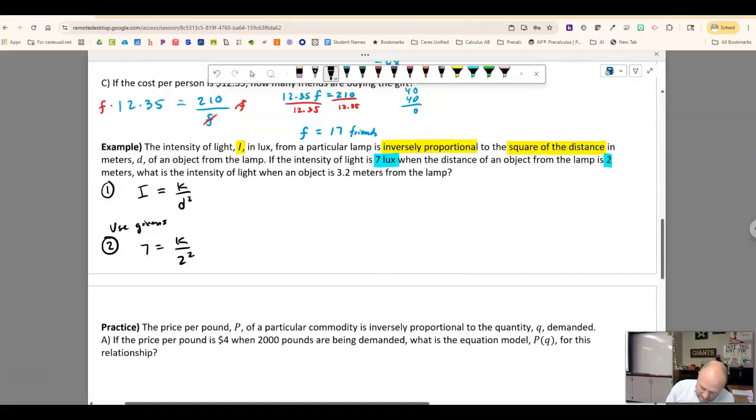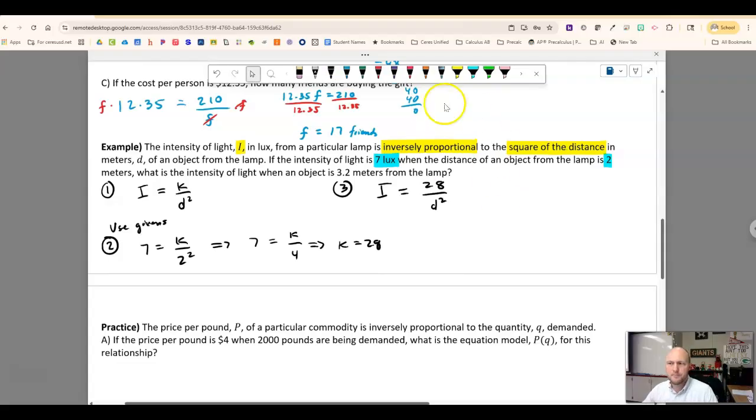So what this does is this helps us identify what K is, so we can use it to answer our question. Okay, and so if I multiply by 4, we get K is equal to 28. All right, so here is the equation ready to use. The intensity of the lamp is 28 divided by the square of the distance.